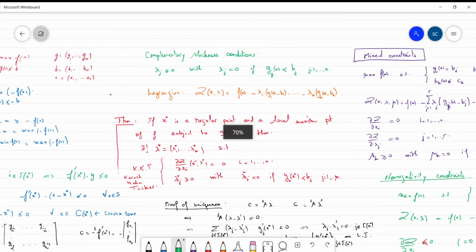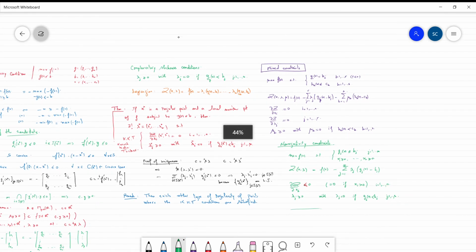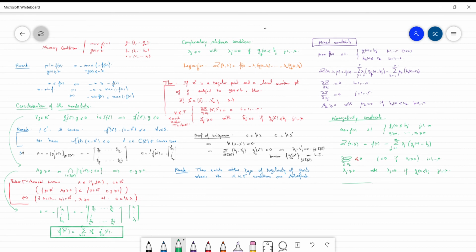That's why it is so important to know the beautiful ideas behind the theory, because it allows you to develop more sets of solutions for specific problems. Okay.